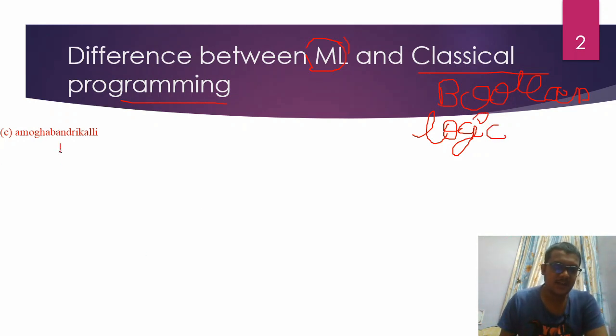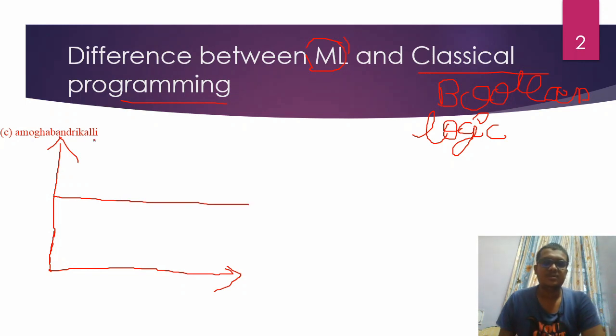Let me take a scenario here. Consider this as a problem. At some optimum point there is a solution for this problem. Now let me tell how classical based programming works based on logic.